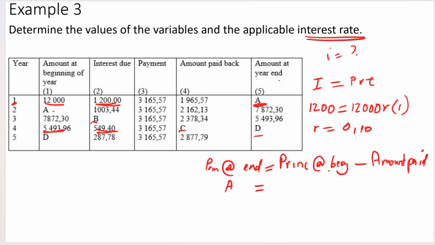So your A is equal to the principal at the beginning, for this line only, 12,000, minus the amount that is paid for that year only, 1965.57. So our A here is just equal to 10,034.43.